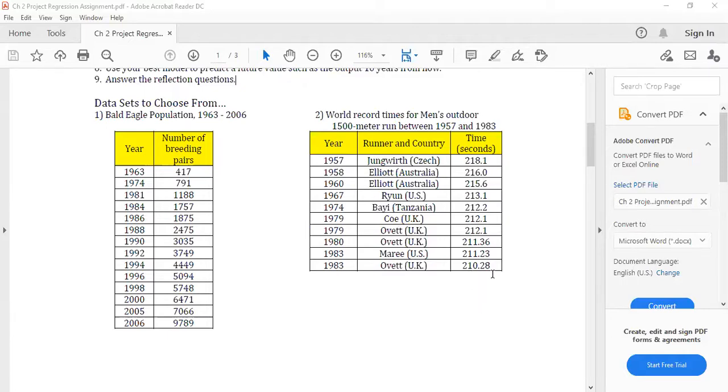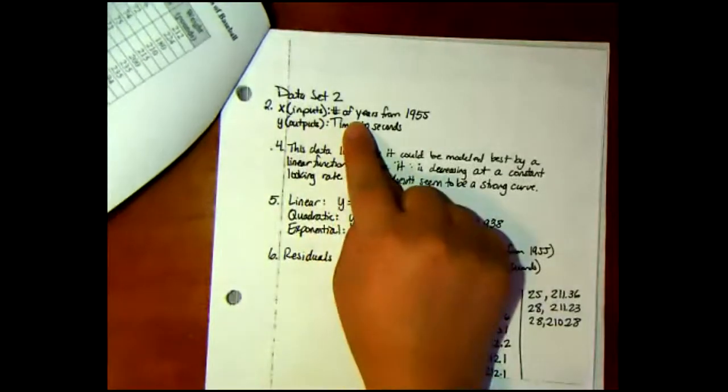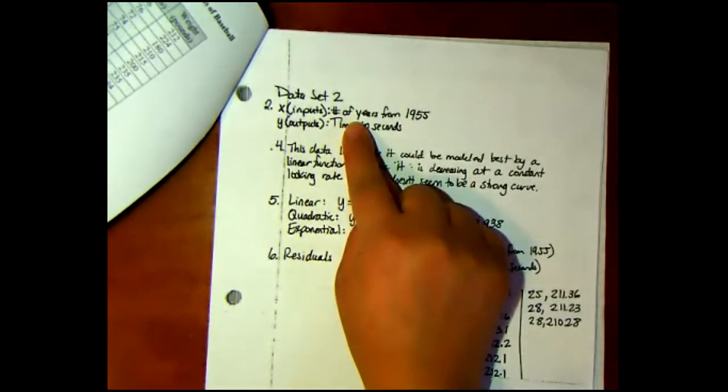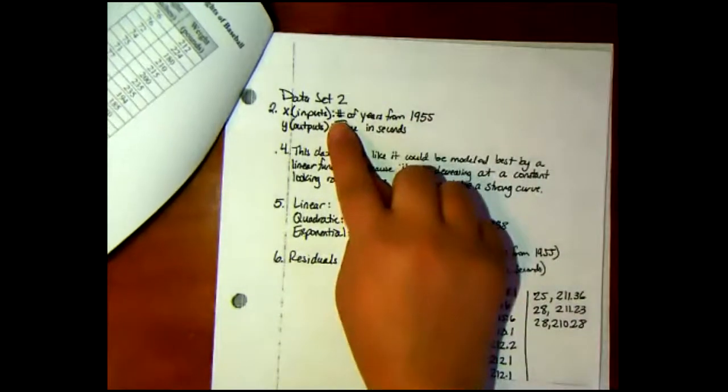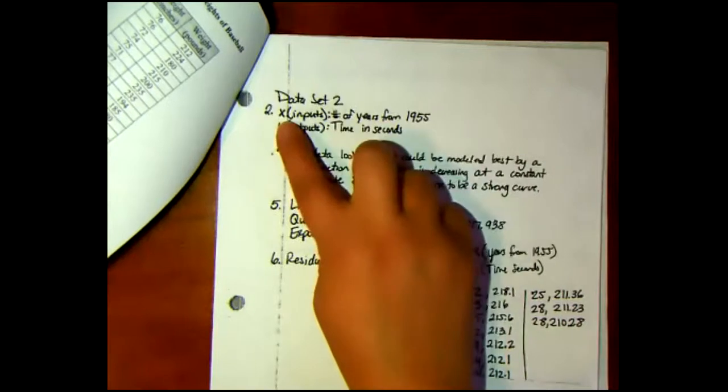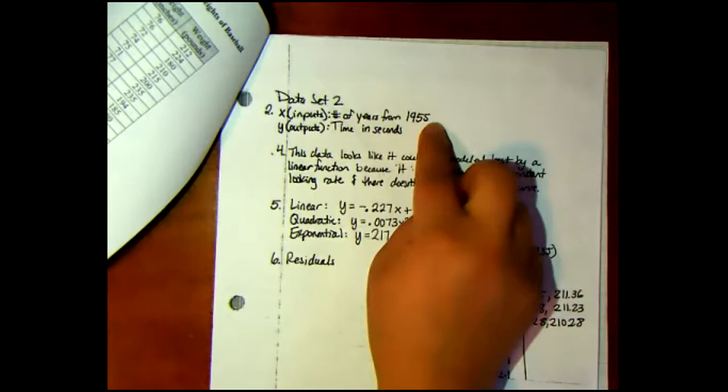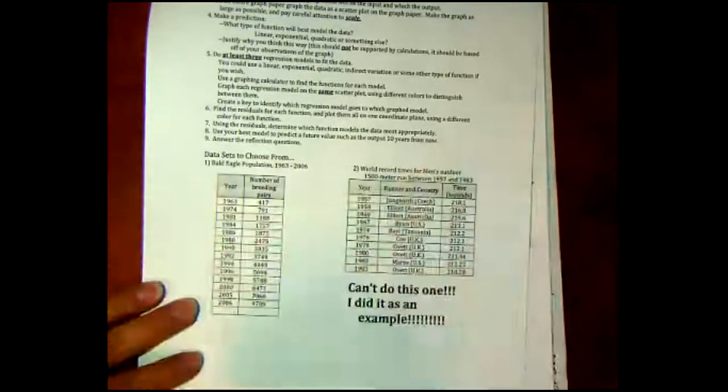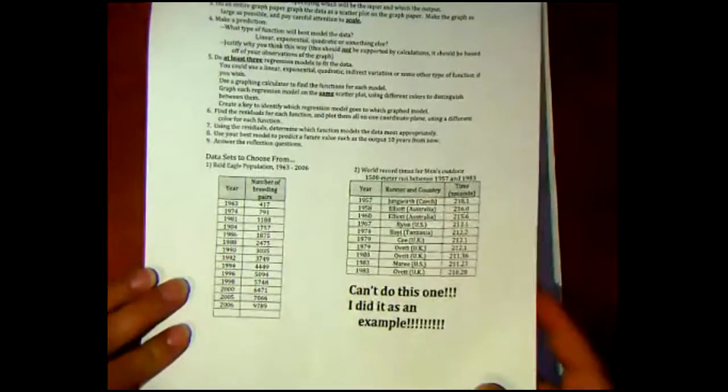So I defined my variables here, if you can see on the Elmo. If you're going to modify your years to be the number of years from a certain year, then you want to make sure you define that. So I put my X, which is my inputs, as the number of years from 1955, because my data set started at 1957, so I wanted a nice rounded number.